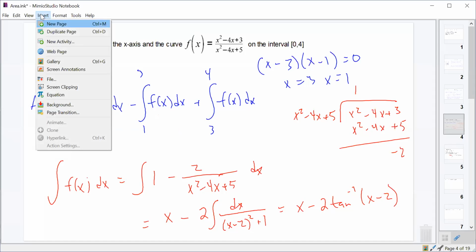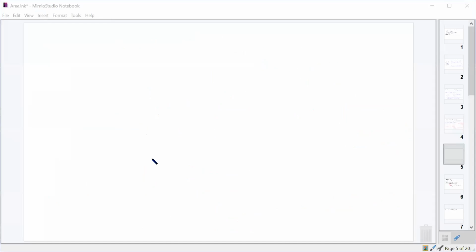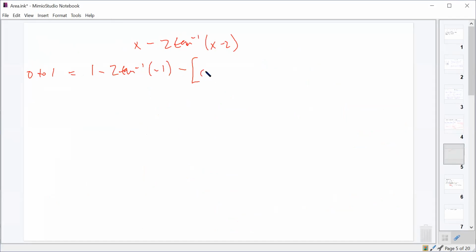So let's do this on a new page. What did we have to start with? We had from 0 to 1, right? We had x minus 2 inverse tangent of x minus 2, I think. So if we're going to evaluate that from 0 to 1, that ought to be 1 minus 2 inverse tangent negative 1, minus 0 minus 2 inverse tangent of negative 2, which we'll simplify here in a second.